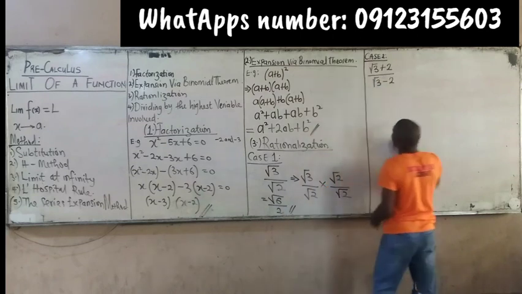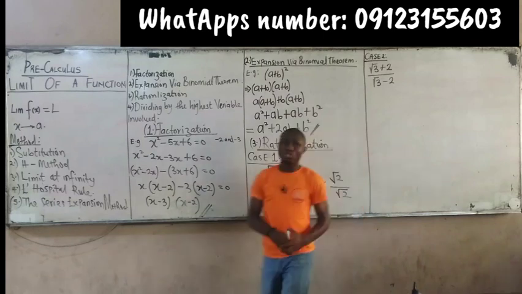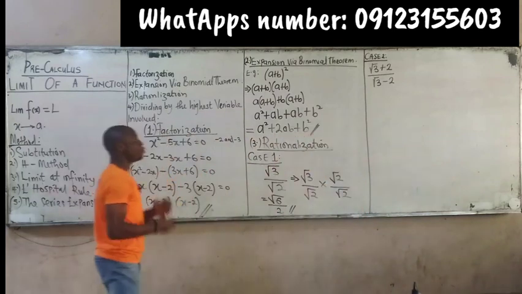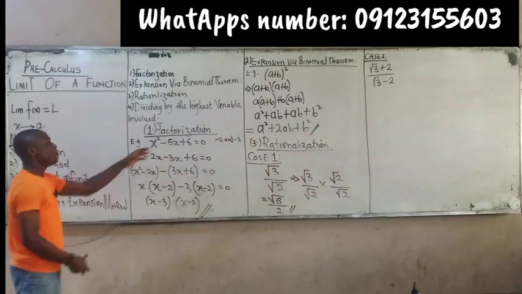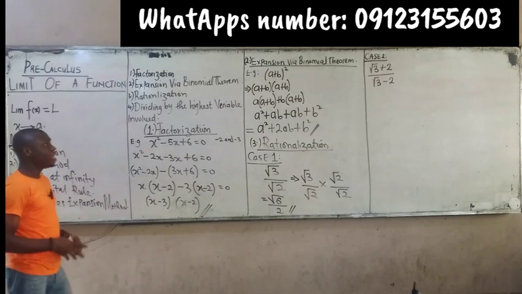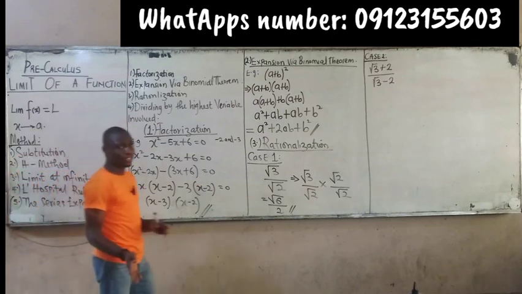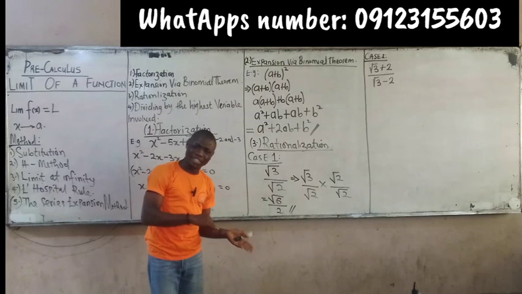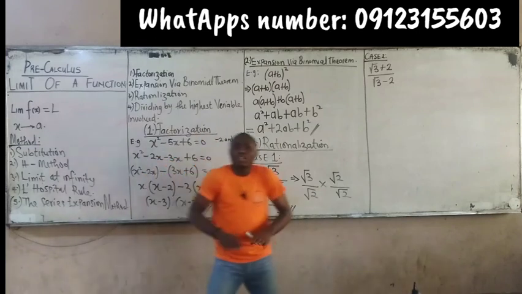Now listen, before I move into solving this complex problem under rationalization, let's discuss what we call the conjugate. What is the conjugate? Listen, the conjugate is quite simple.